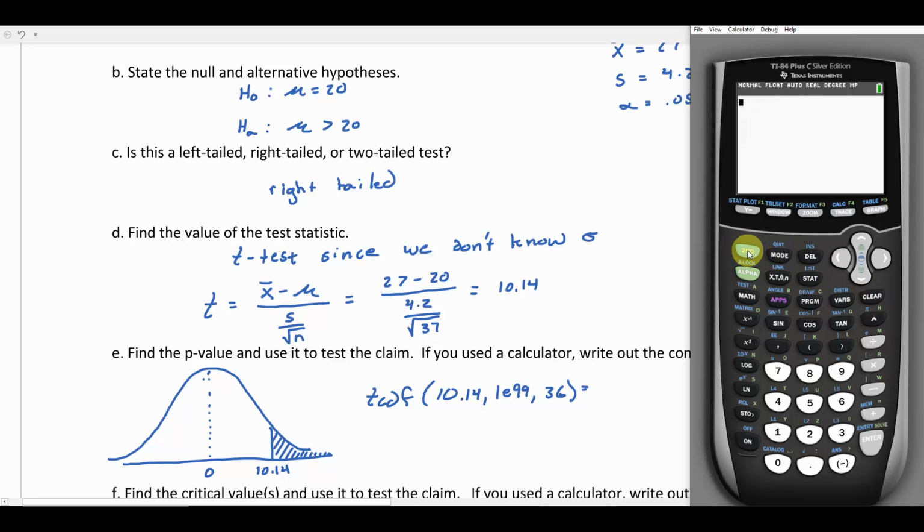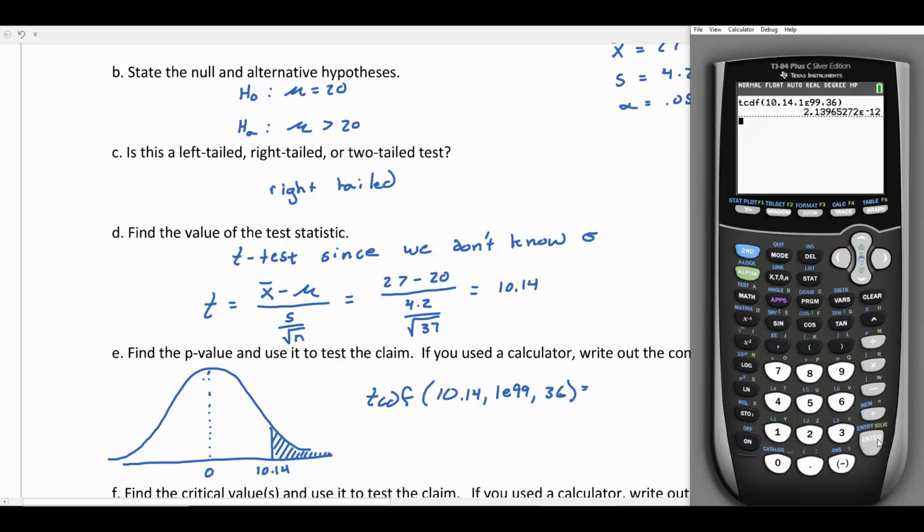So there we go. So we want 10.14. And then our upper is 1E99. And then our degrees of freedom was 36. That's all it needs to know.